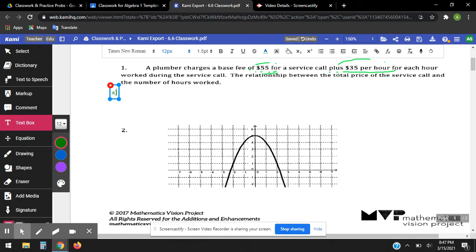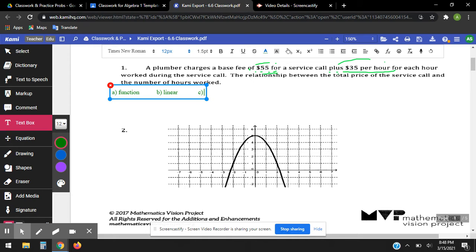So for this one, A, I would say this is a function because the growth on that is linear, right? You have a set fee and then you're repeating $35 per hour. So that would be the slope.